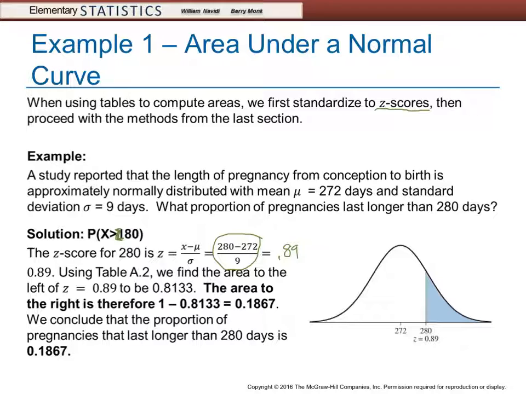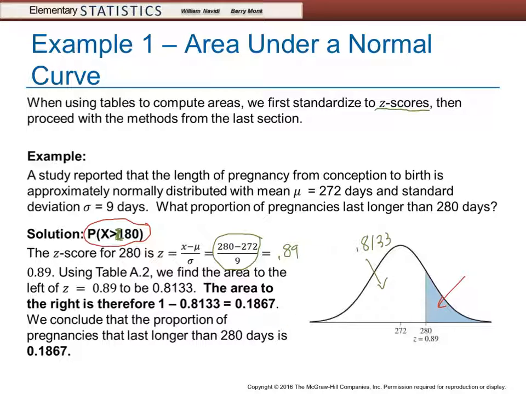So now we're going to go to the table. We're going to use table A2, and we find the area to the left of z equals 0.89. So that area on this side over here is 0.8133. But we want to find the probability that x is greater than 280. So we want to find the area here.